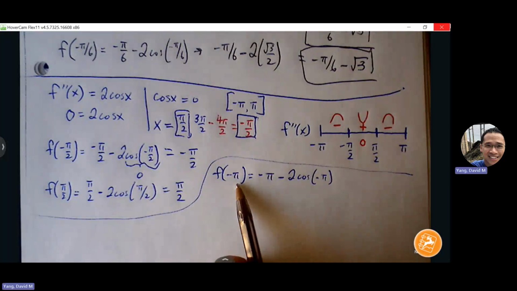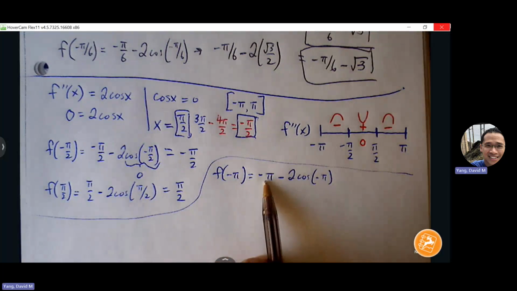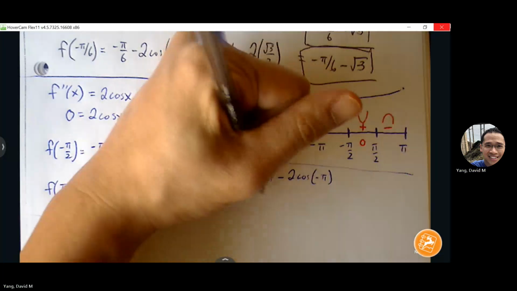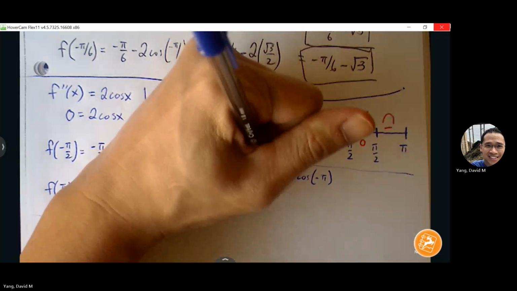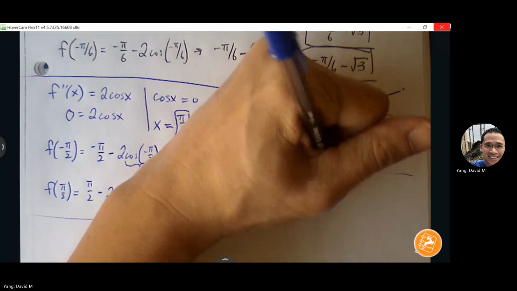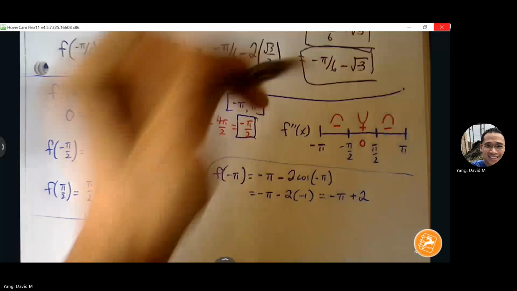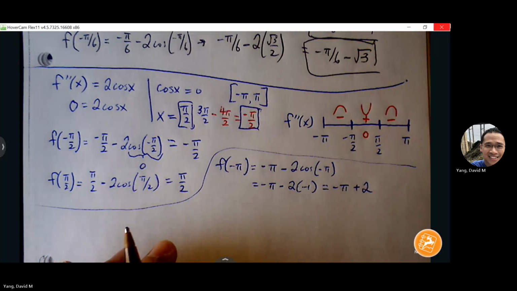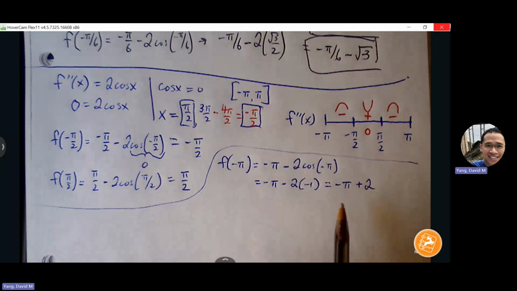Okay, I'm just finding the locations of the endpoints back in the original function. Cosine of negative pi, same thing as cosine of pi. Cosine of pi is -1. So I'm just going to estimate it.